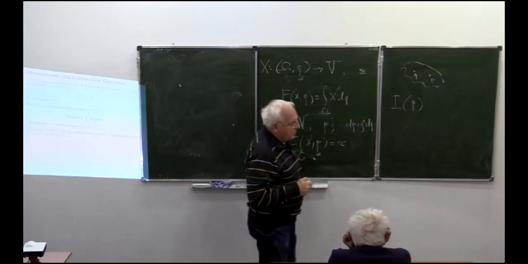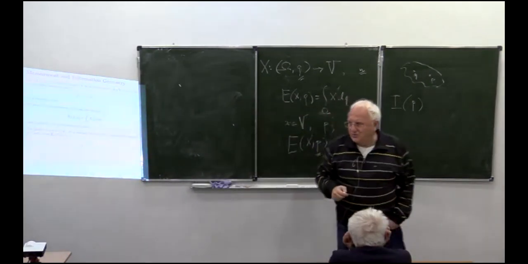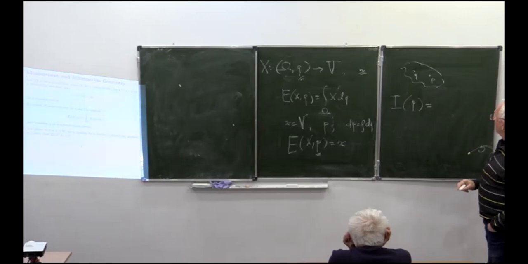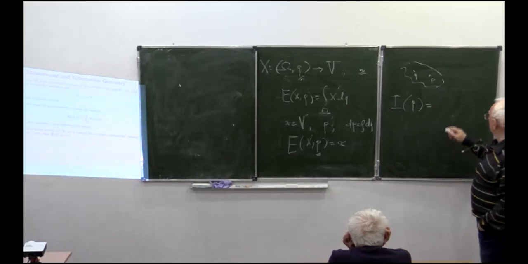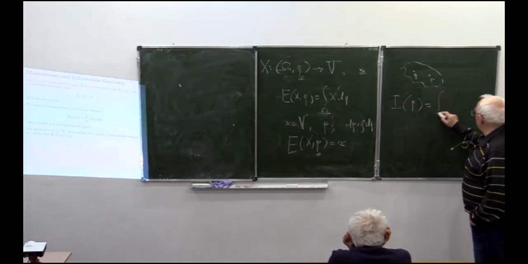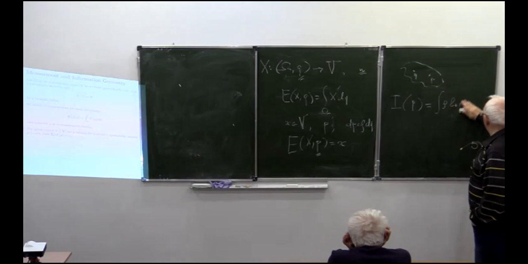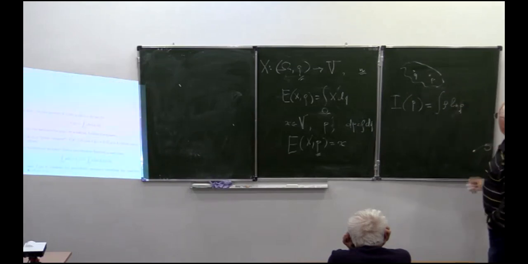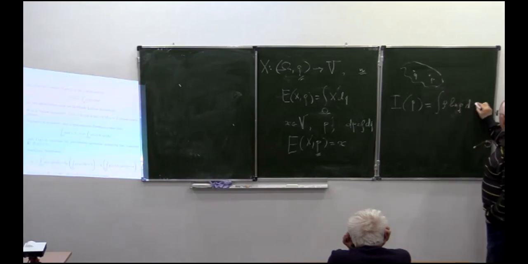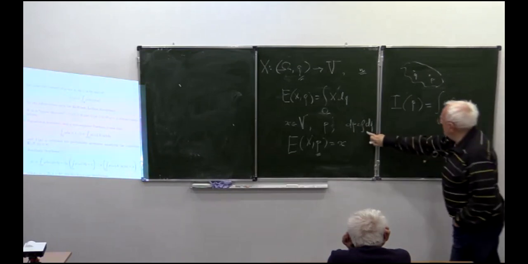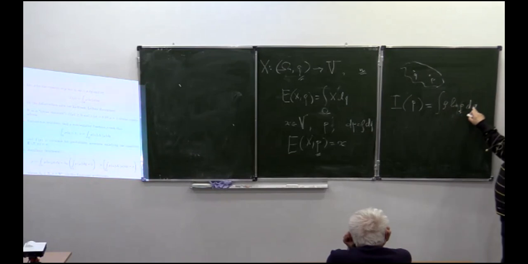Because I am in Moscow, I will say that this formula was found by Kolmogorov just before the Second War. It's the following construction. We take something very similar to the formula for entropy. Rho is our density, so rho logarithm rho dq.